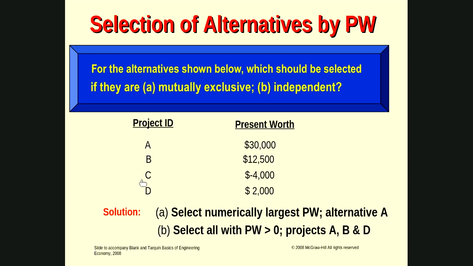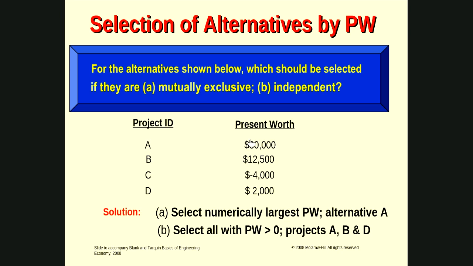Imagine those project IDs: Project A, Project B, Project C, and Project D. The question asks which project should be selected. In part A, in the blue box, it says using mutually exclusive, and in B using independent. If we are using mutually exclusive, that means we are dealing with only one project, so we have to select only one out of those projects.